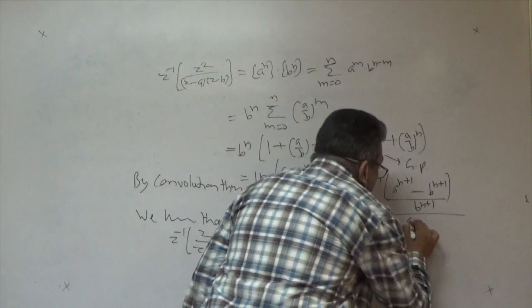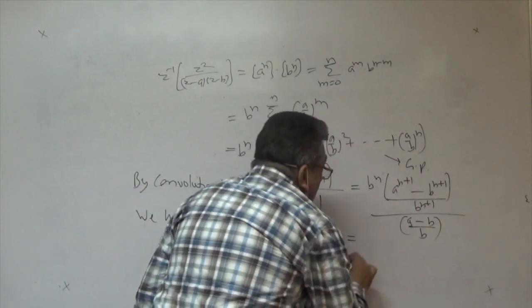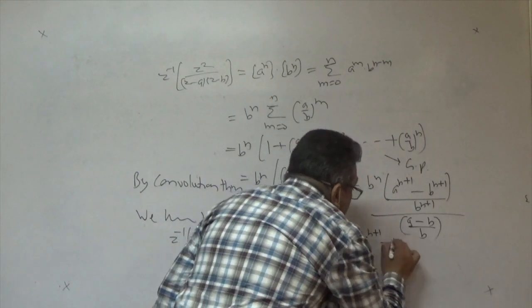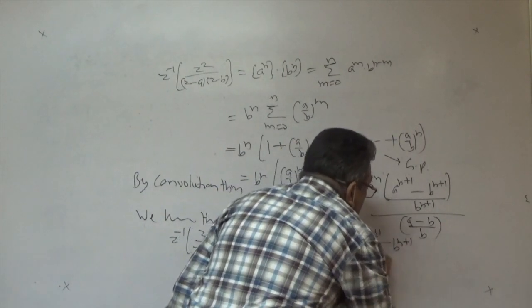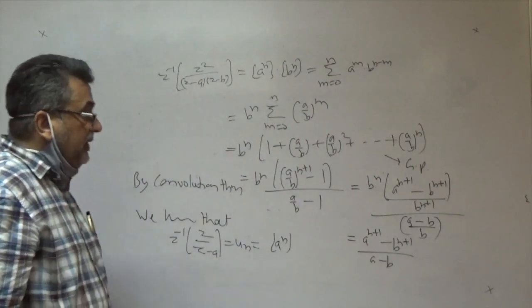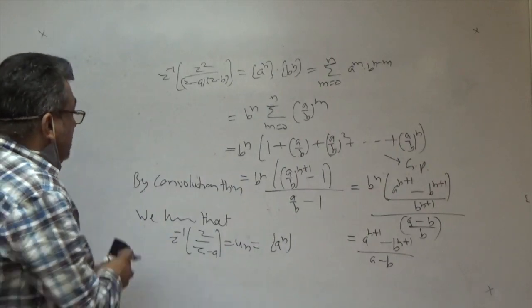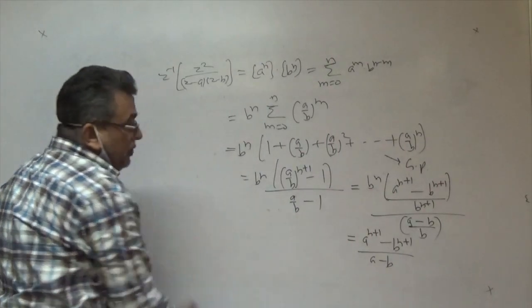In the denominator, after taking the LCM, B to power n cancels out. Finally, we get (A to power n plus 1 minus B to power n plus 1) upon (A minus B). This is the answer of the inverse Z transform of this expression using the convolution theorem.